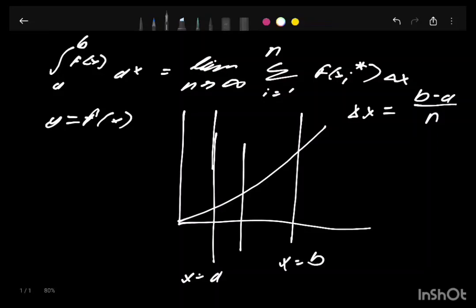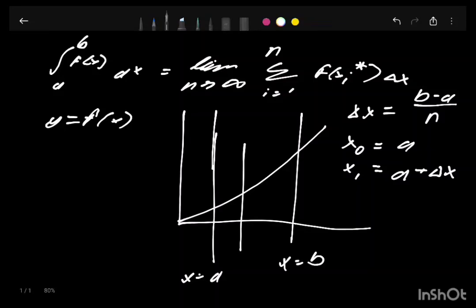So the endpoints of each subinterval can now be given by x sub 0 equals a, basically. Now we can also get x sub 1 equals a plus delta x.